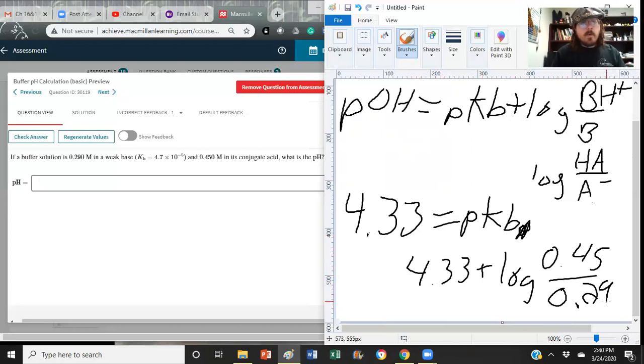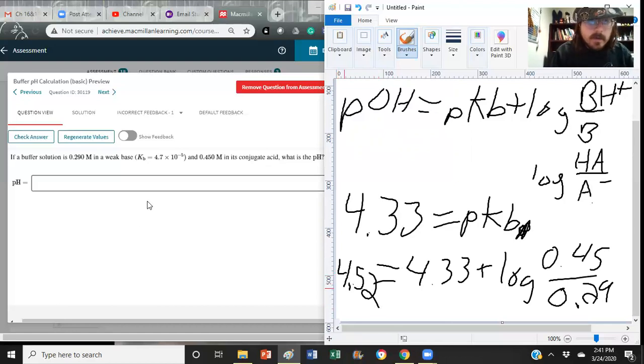Because we have more acid than base, this is going to make it slightly more acidic. So we add on log of 0.45 over 0.29, and you get 4.52. So your pOH is 4.52.